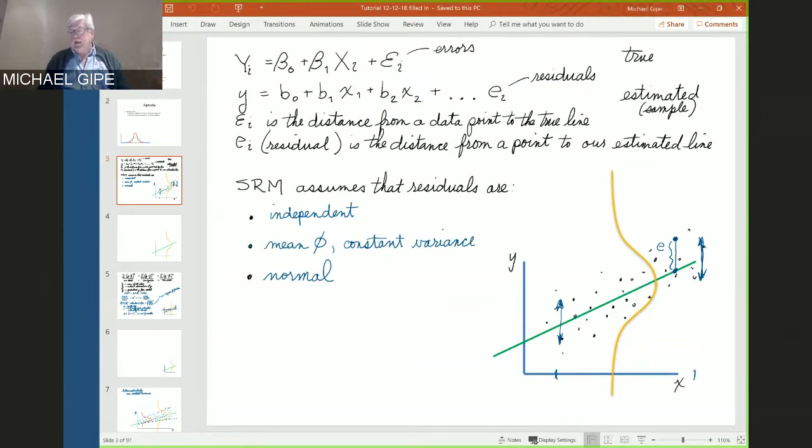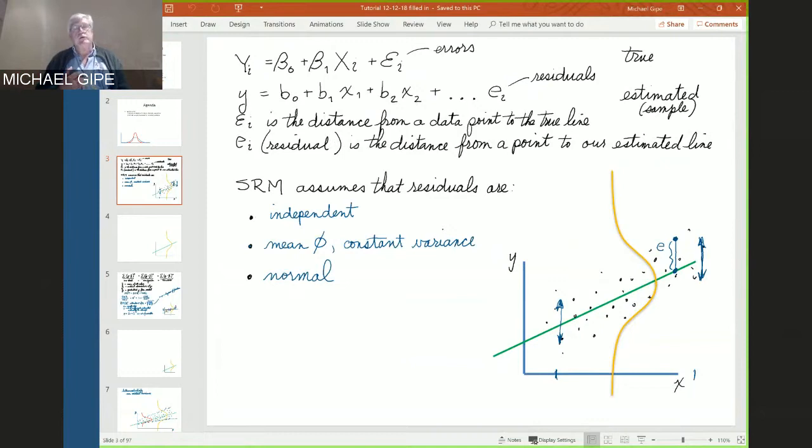That is, we can't have any kind of a pattern or correspondence from one point to another. The errors should not be influenced by other data points. They should have a mean of 0 and a constant variance. The mean of 0 is easy to hit because essentially we're building that regression line in order to make those residuals average out to 0. And then they should have constant variance.